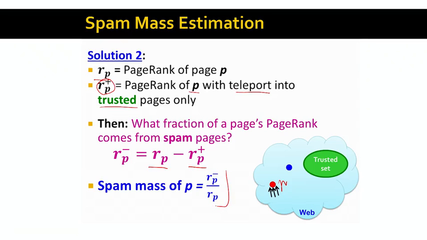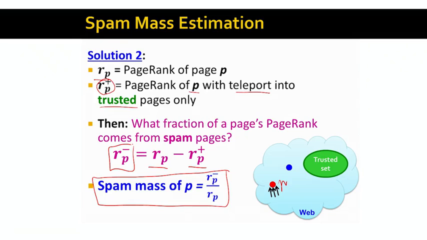So this way, we can define the spam mass of a page, which is simply the ratio of the amount of PageRank the page receives from spam and its overall PageRank score. And then all the pages that have this spam mass fraction high, we would proclaim as spam and remove them from our web corpus.